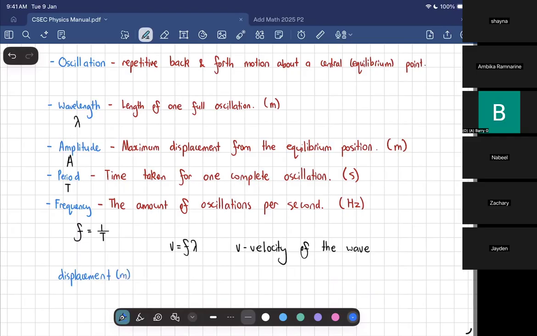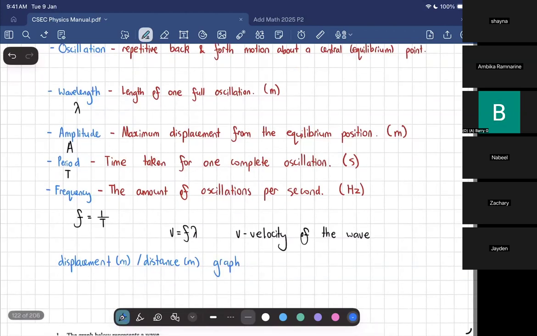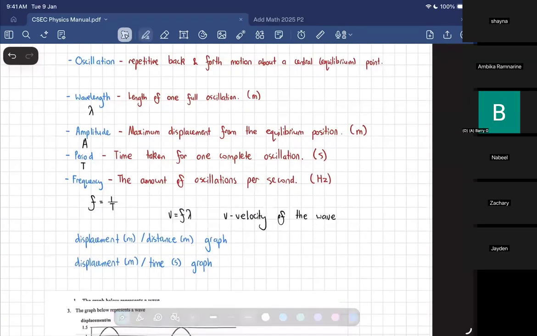So a displacement distance graph, and you need to familiarize yourself with a displacement time graph. Those are the two types of graphs you need to be acquainted with at this level.